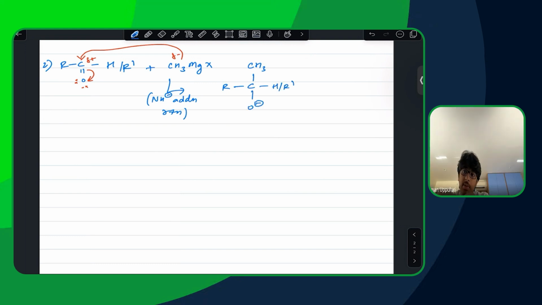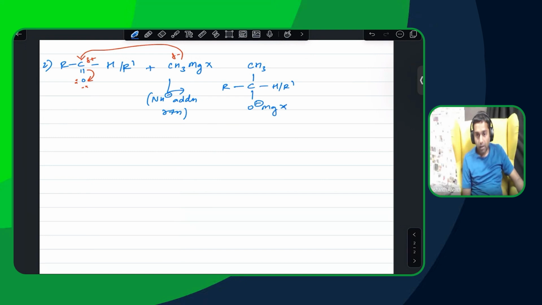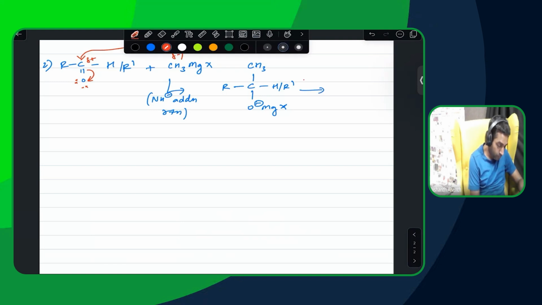OMgX. This is then going to undergo hydrolysis in the next step, usually, to effectively give the final product as the alcohol. The other product, of course, is MgXOH.